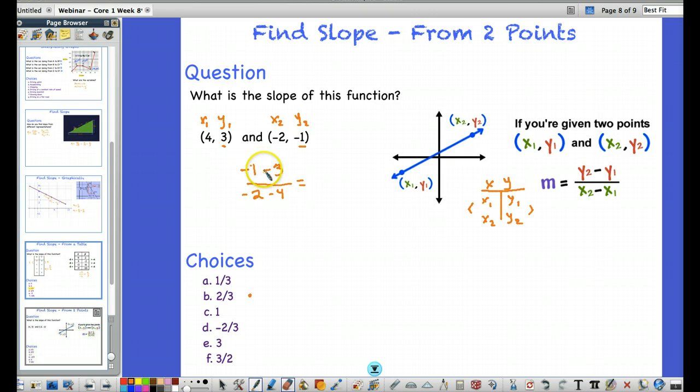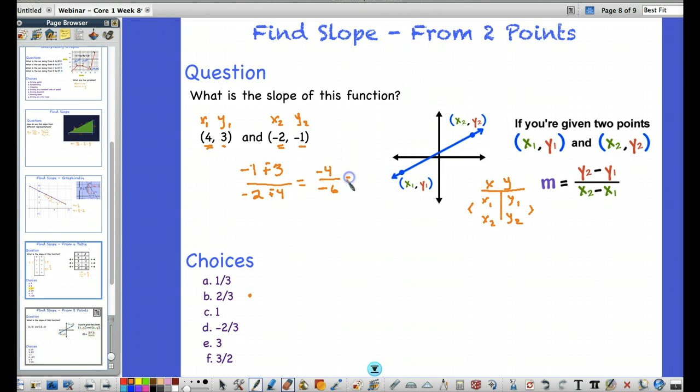So anytime you have a double negative, you can turn that into a positive and make that be a negative. So you'd have -1 plus a -3. Or are you talking about the 4 on the bottom? Oh, and the 4 on the bottom comes from here, right there. So those are my x's. So -2 minus 4, again, make that a positive, turn that into a negative, and I get -6.